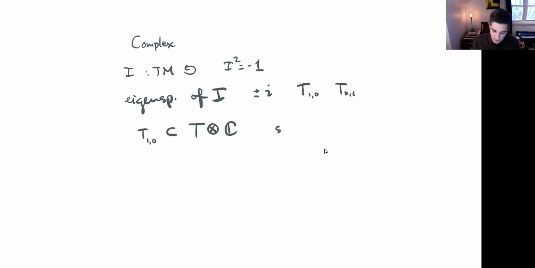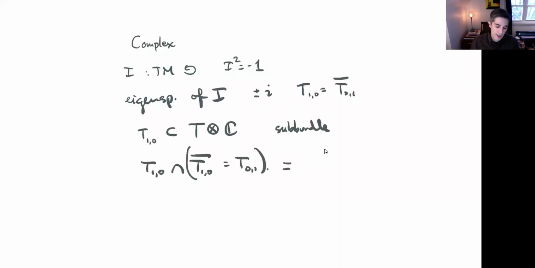So we have a subbundle which satisfies the condition that if I take its complex conjugate, which is just called T01, it has 0 intersection with its complex conjugate. So this is a piece of linear algebra data. You could either phrase it as one of these endomorphisms which squares to -1, or you could phrase it in terms of the eigenspaces. So we have two eigenspaces, T10 and T01, with eigenvalues plus or minus I.